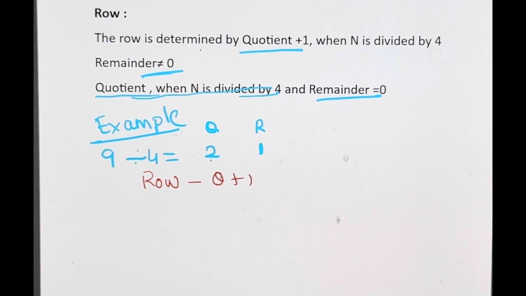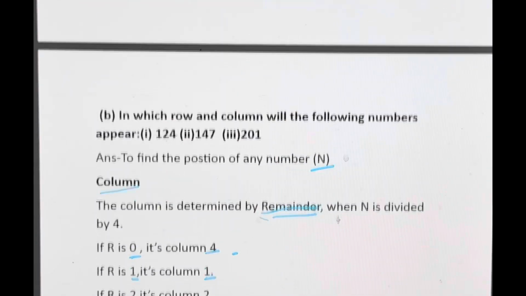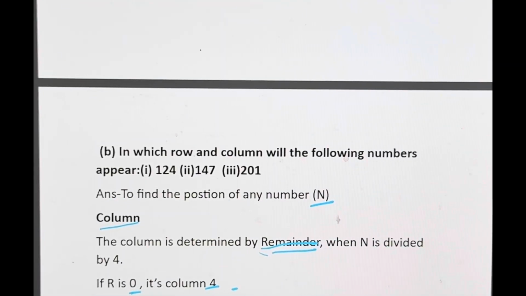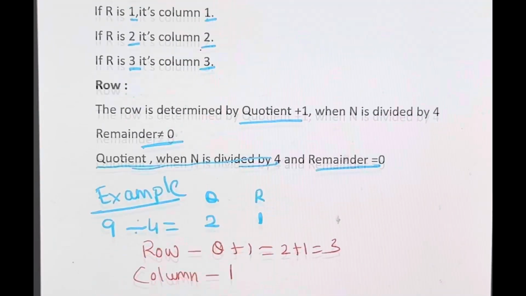The quotient is 2, 2 plus 1 is 3. So 9 should be in row number 3, and the column will be the remainder itself, that is 1. Let us check with the grid. See, number 9 is in column 1 and row 3. So what we established is correct.